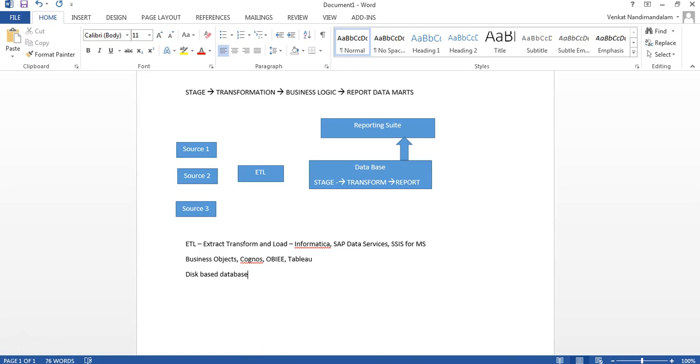Now, your entire processing is going to happen in your laptop. All the processing will happen in your RAM.